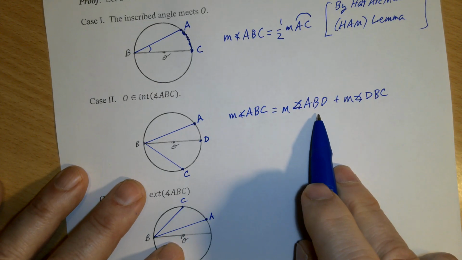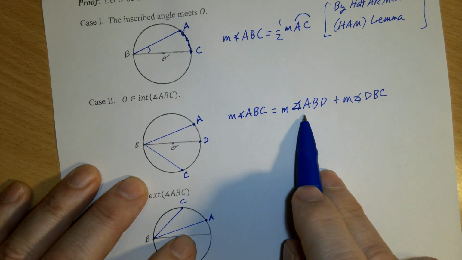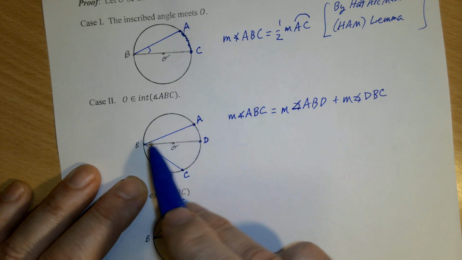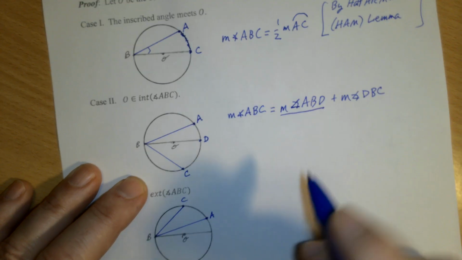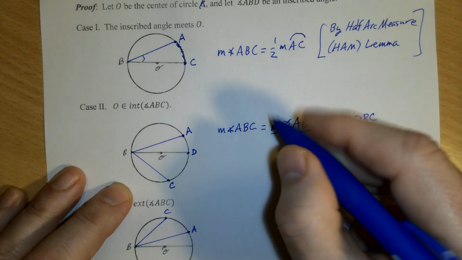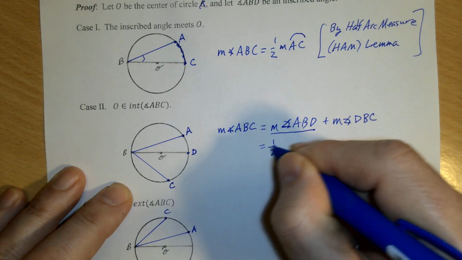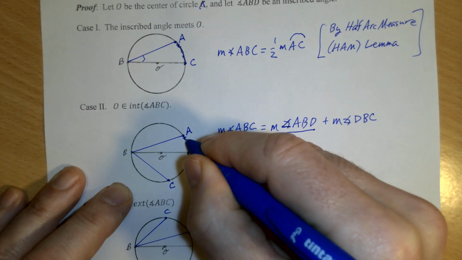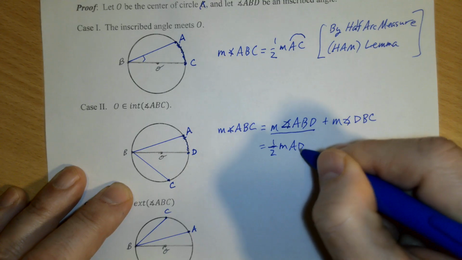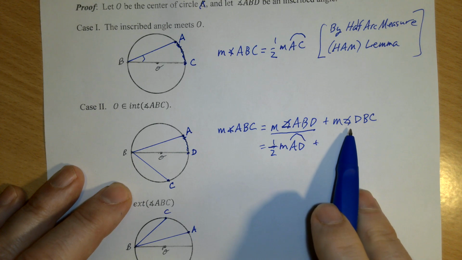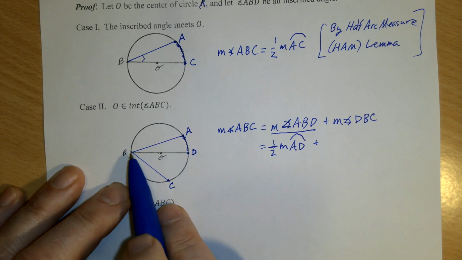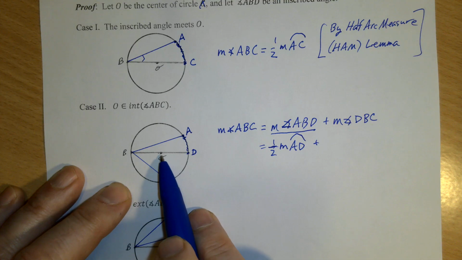What's the measure of angle ABD? Notice that in that angle, one of the sides passes through the center of the circle. So we know what this is using the half arc measure lemma. This is 1/2 the measure of the arc AD. Plus, what is the measure of angle DBC? That's an inscribed angle, and one of the sides passes through the center of the circle.